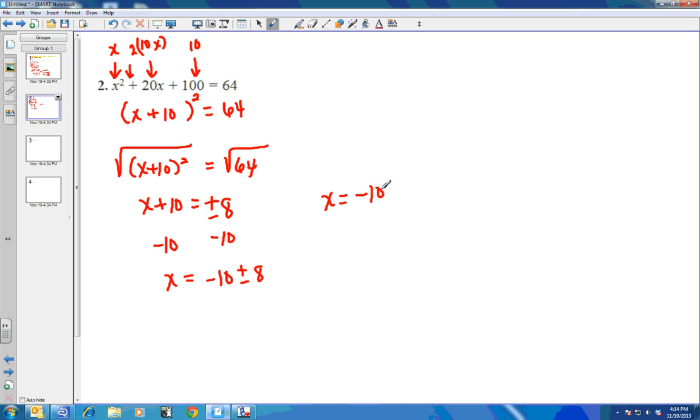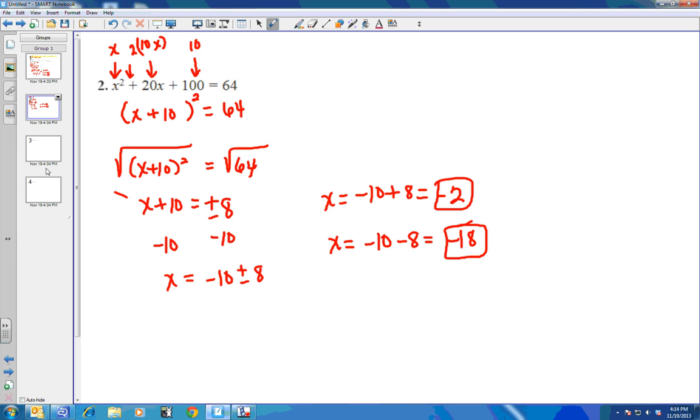Negative 10 plus 8, which is negative 2, and negative 10 minus 8, which is negative 18. So again, I could check by plugging them both in, and they should equal 64, or set it equal to 0 and graph it, and it should cross at negative 2 and negative 18.